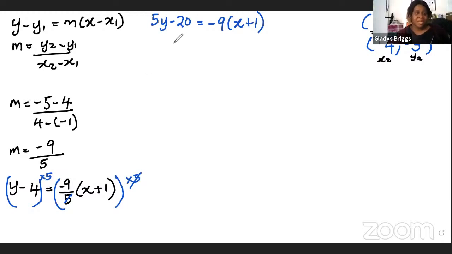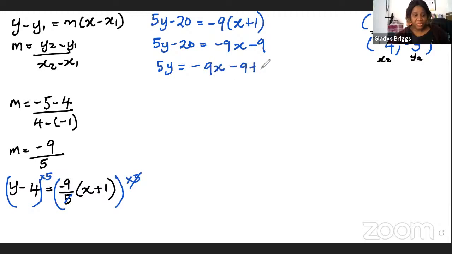Yeah, and then 5y minus 20 is equal to -9x minus 9. 5y is equal to -9x minus 9 plus 20. 5y is equal to -9x plus 11.